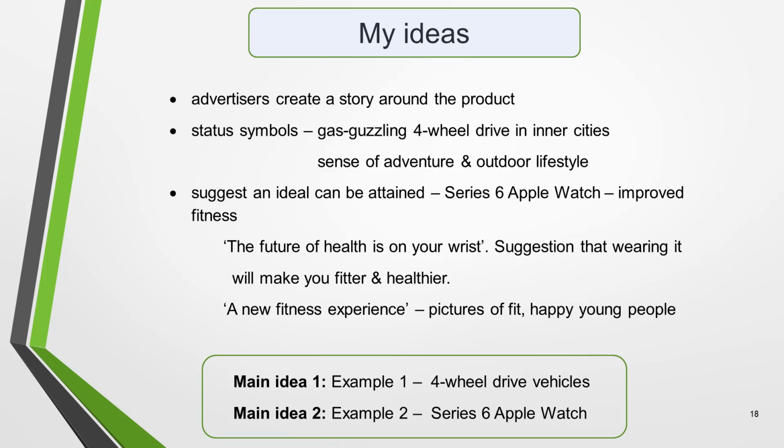So, my 2 main ideas for the main body paragraphs are examples to support my view. Example 1 is the 4-wheel drive vehicles, and example 2 is the Series 6 Apple Watch. We're almost ready to start writing our essay, but first we have one other small task to do.